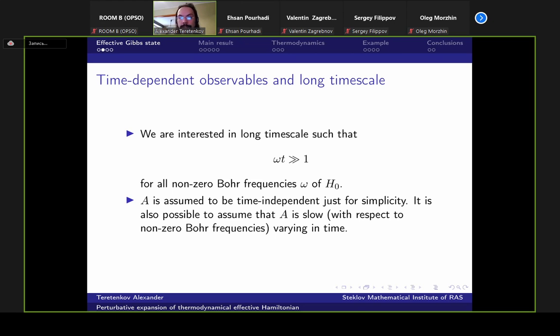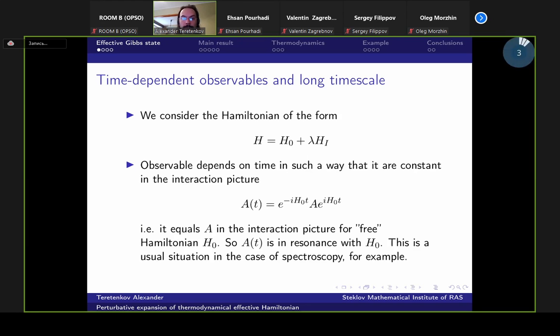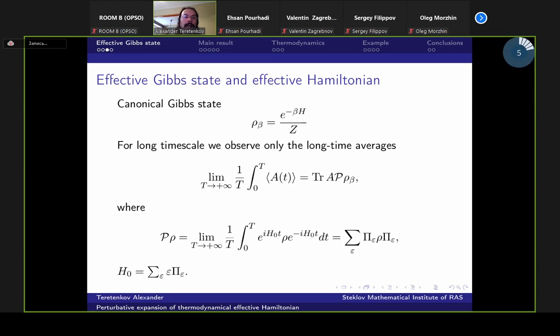But it's just more calculations, and nothing important will occur here. So we just think that we have the following form, just for simplicity.